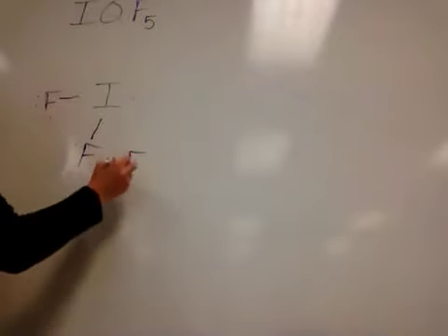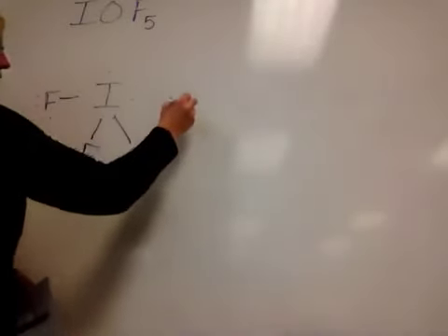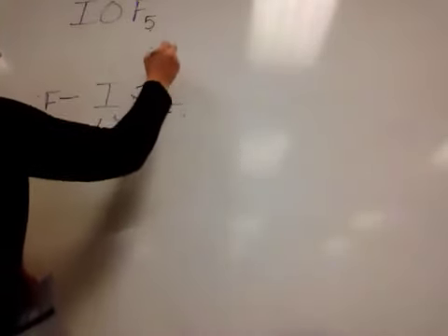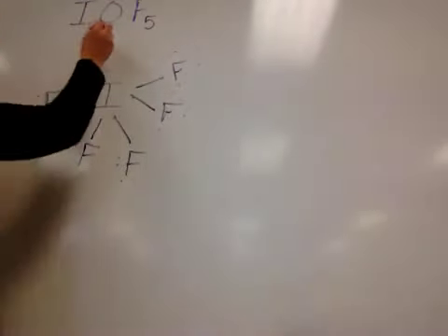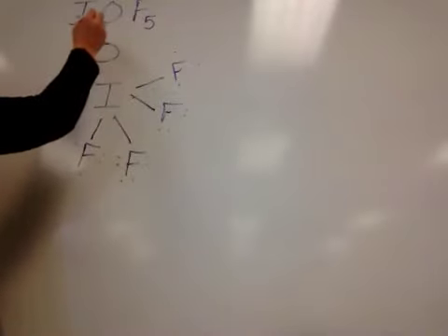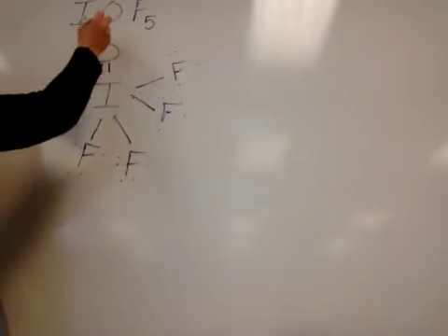So I'm going to put an F here, and a bond here, an F here, 1, 2, 3, 4, there's my 5, my oxygen will have a double bond, and 1, 2, 3, 4. And I've done a lot of these, so it would take you probably longer to figure that out.